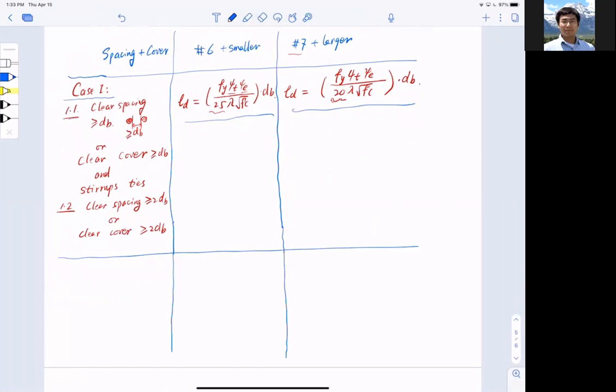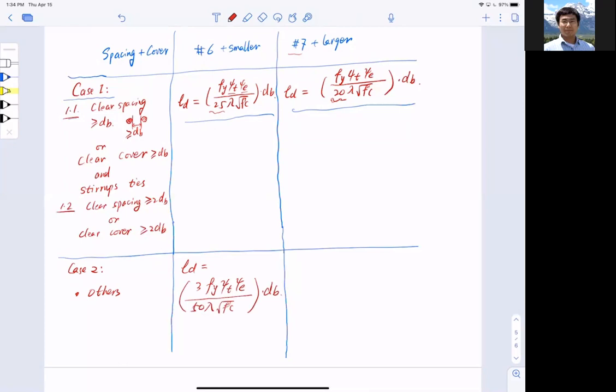Now if this is case 1, what is case 2? Case 2 is everything else, all the other cases. For those, ACI says use ld equal to 3 times fy, the yield strength of the bar, psi t, location or position factor, psi e, coating factor, divided by 50 lambda square root of f prime c, bracket outside dB. 3 over 50 is a little bit smaller than 25.